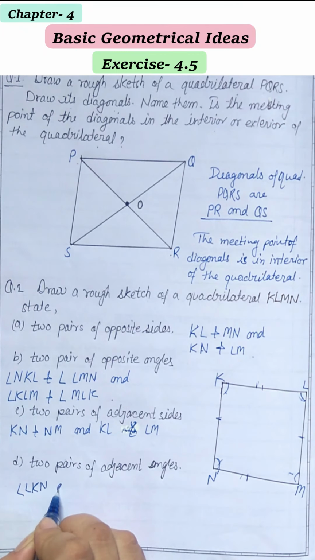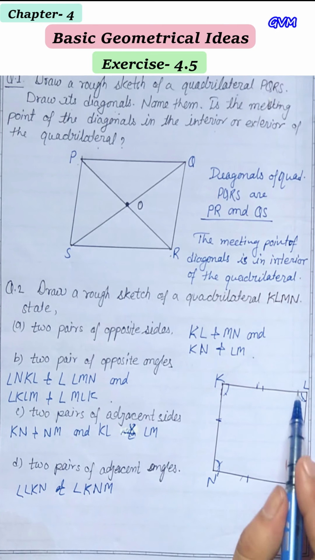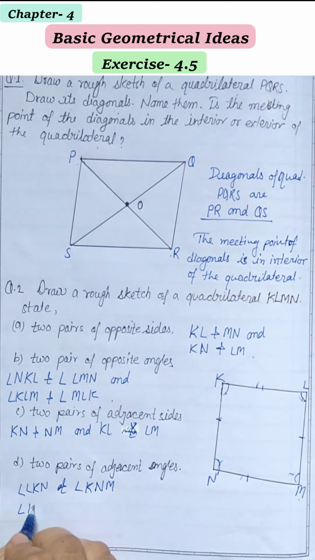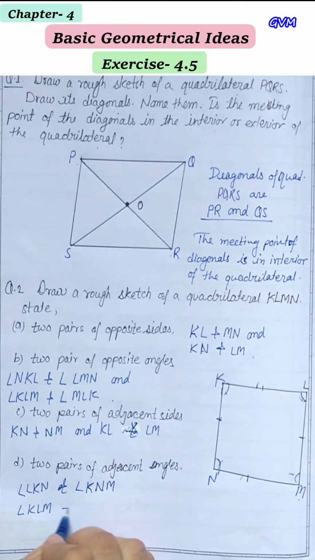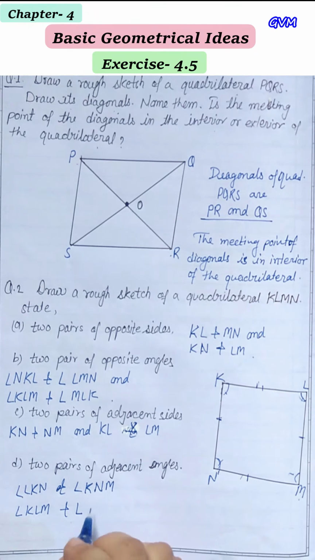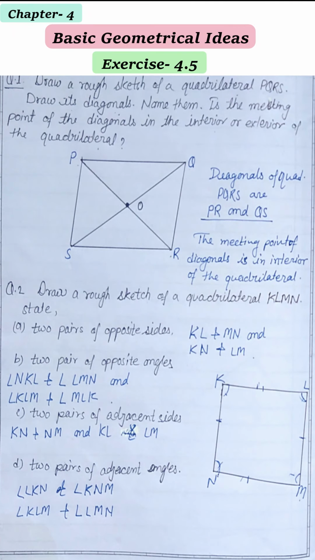This is one pair. Similarly angle KLM is adjacent to angle LMN. So these are the two pairs of adjacent angles.